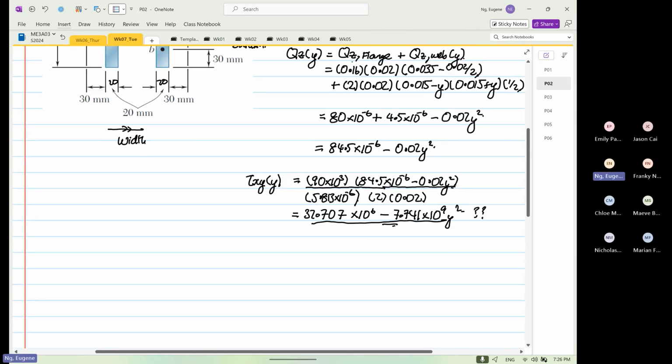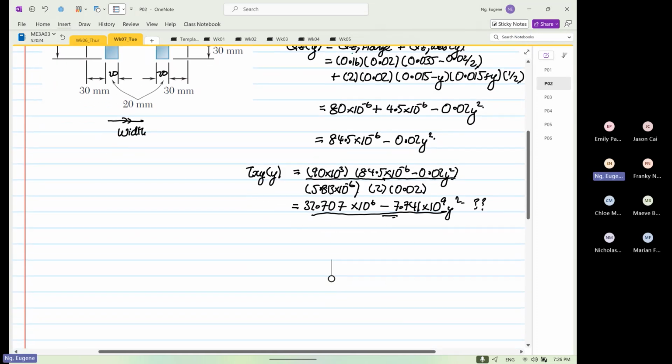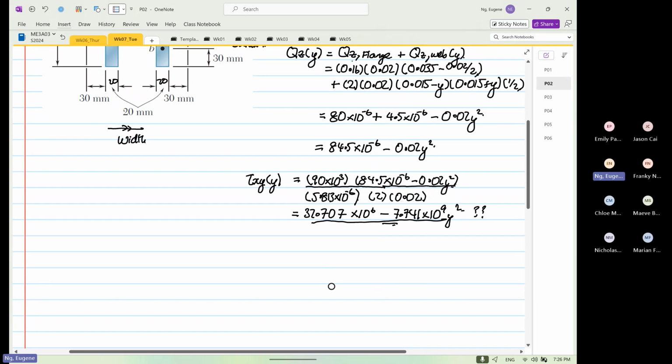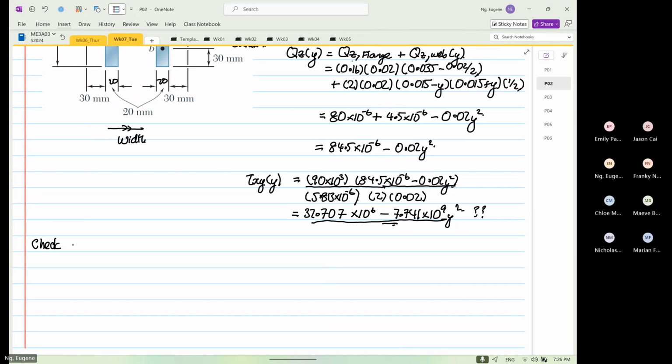The only way to check whether this is right or wrong is to determine shear xy as a function of y, and now we switch the limits from 0 y to 0.065 meters by considering the bottom section.